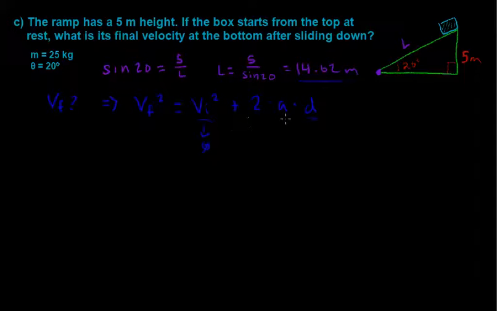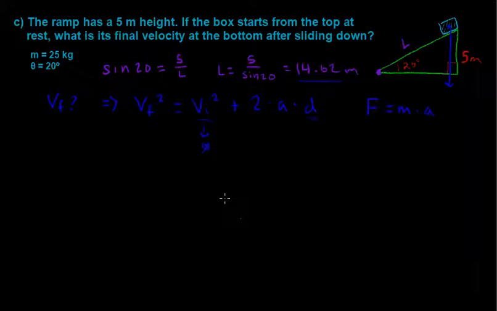And we do have an acceleration value because by relation, we know that force is equal to mass times acceleration. And in order for this box to move down the ramp, we need to have a force acting on it. And we do. We have gravitational force acting on this box the entire time it's going down the ramp.